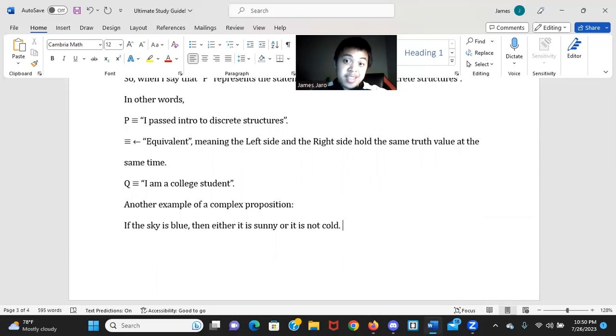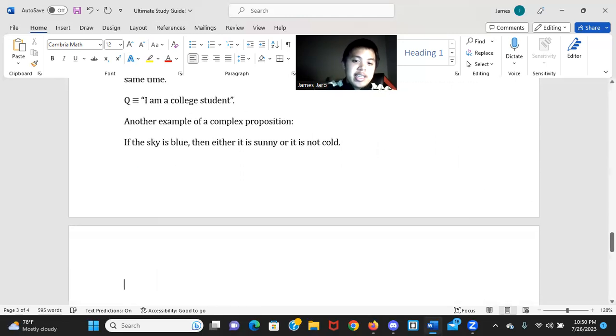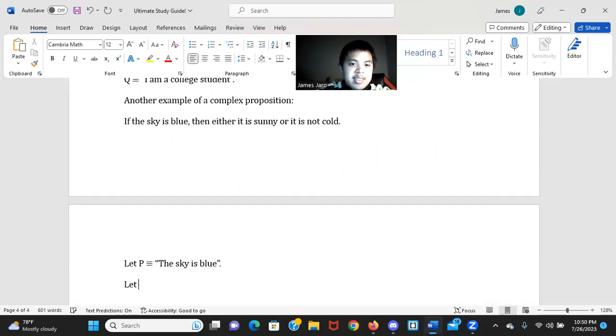You can say that this is either a true statement or a false statement, depending on what the weather is. And so we could say let P be equivalent to the fact that the sky is blue. Let Q be equivalent to it is sunny.